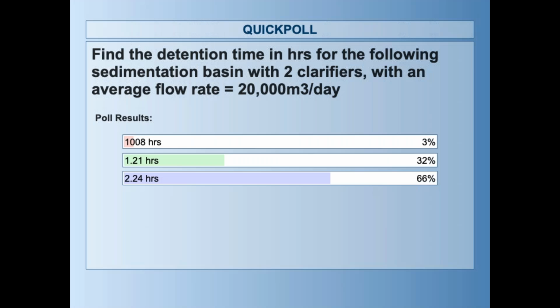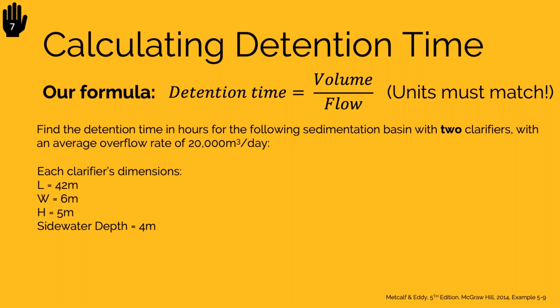All right, James, so 66% were correct with 2.24 hours. Excellent work, everybody. If you got answer number 1, you probably forgot to convert from days to hours. There was one step that you left out. If you got answer 2, 1.21 hours, you only calculated the volume of 1 basin.